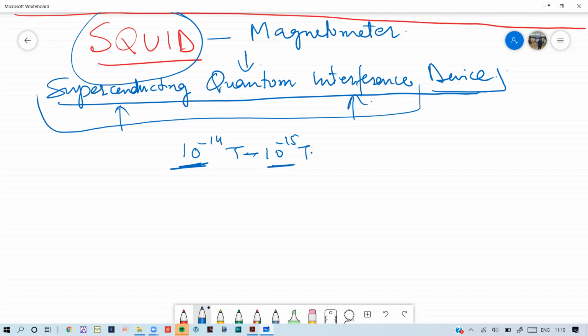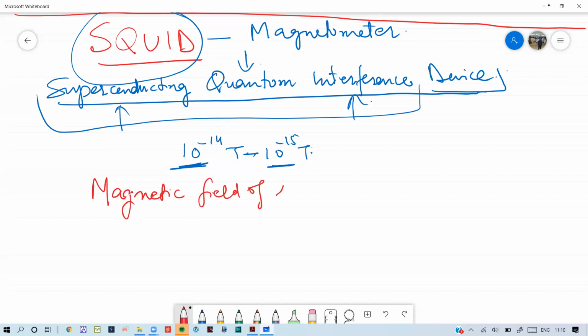I will give you an idea. The magnetic field of the human heart is of the order of 10 to the power minus 10 Tesla.